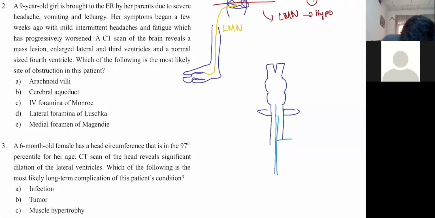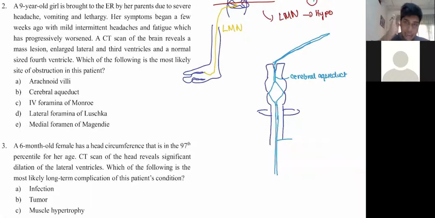It comes up to the level of the medulla, and it forms the fourth ventricle. And then the fourth ventricle will form the cerebral aqueduct. Okay, and from there it moves forward and anteriorly, and this is the third ventricle.